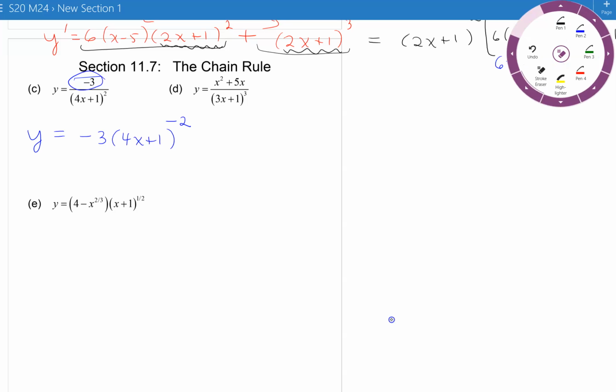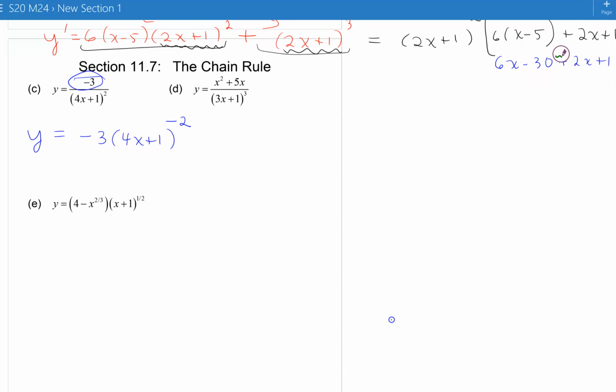So I strongly suggest that if you have a number in the numerator, you rewrite. And it will work if you use the quotient rule, as long as you remember that the derivative of the -3 is 0, but that's a really common error.